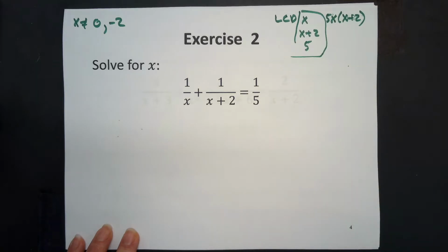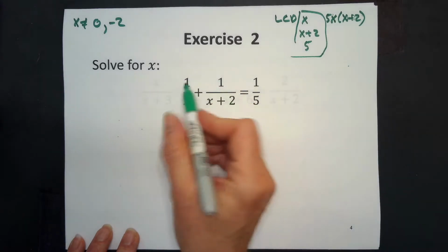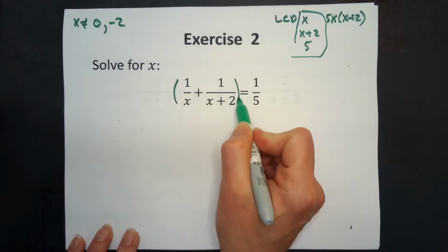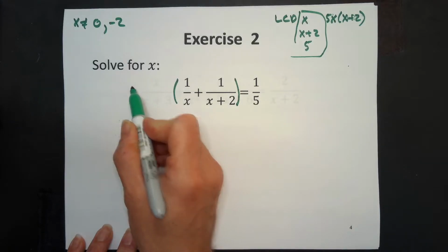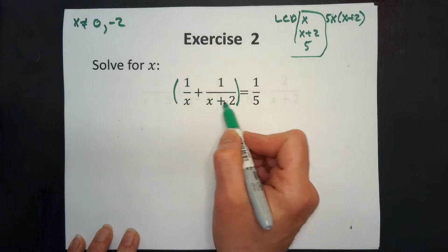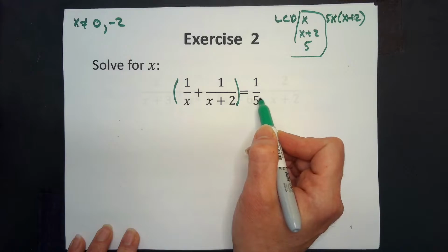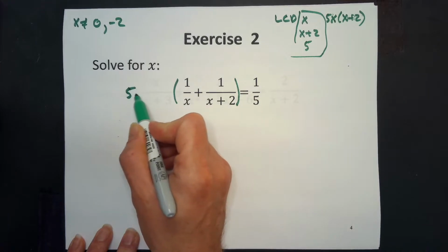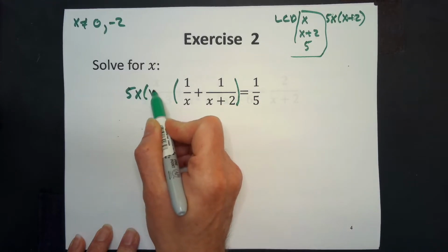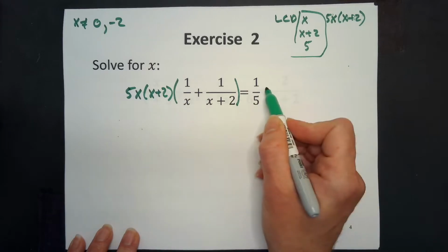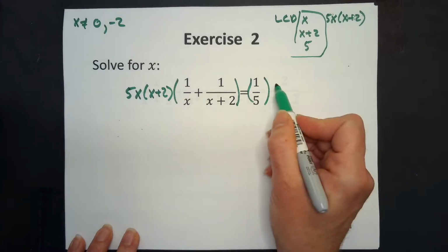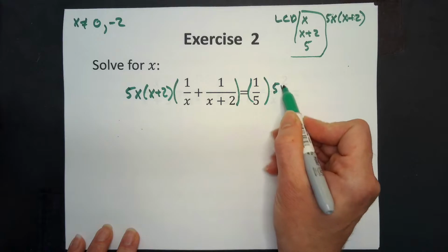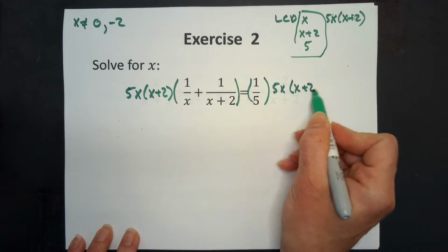Once again, I don't want to multiply that out because I'm going to cancel those factors in a moment. So I'm going to multiply the left-hand side, 1 over x plus 1 over x plus 2 equals 1 over 5, by the least common denominator, 5x times x plus 2 quantity. This side by the same thing, the right side, 5x times x plus 2 quantity.